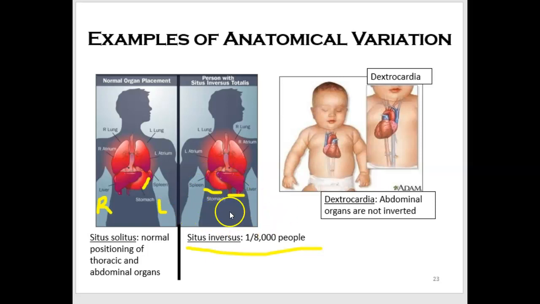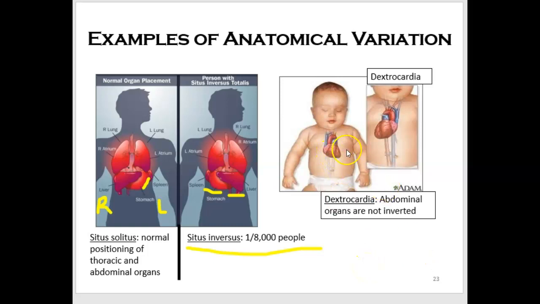The rest of the abdominal organs might also be reversed, like the way the intestine flows, but usually not. And then there's another example called dextrocardia, where just the heart is reversed.